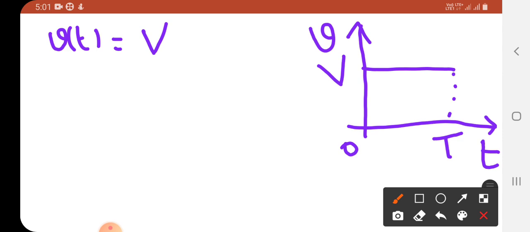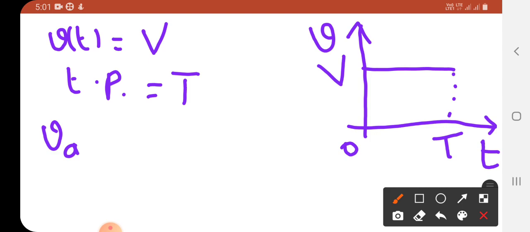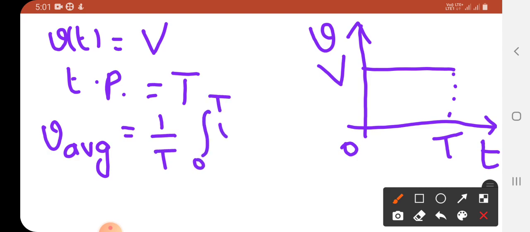The time period is infinity for this function, so let me assume the time period is capital T. Then what is the average value? V average is equal to 1 by T integral 0 to T V of t dt.